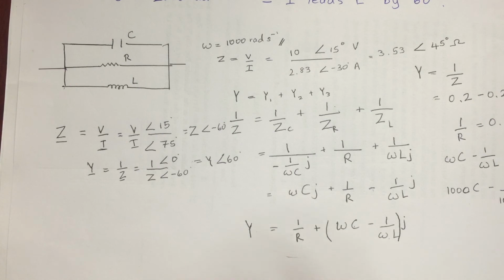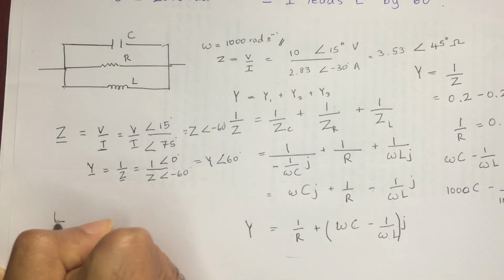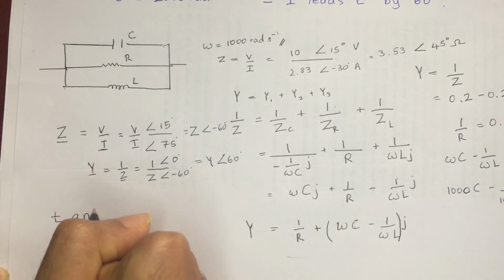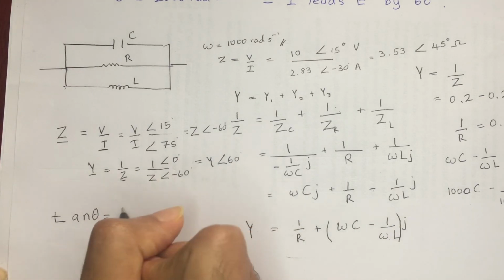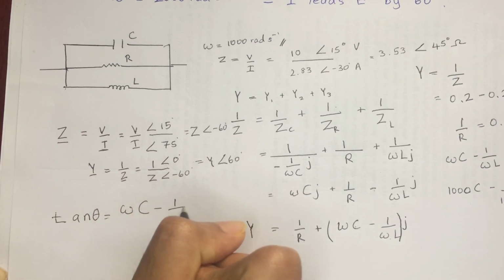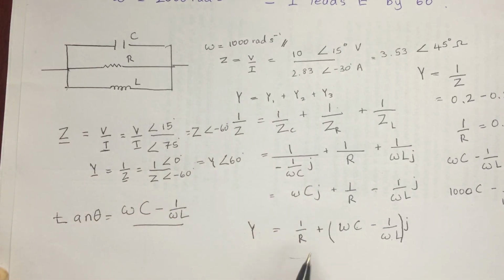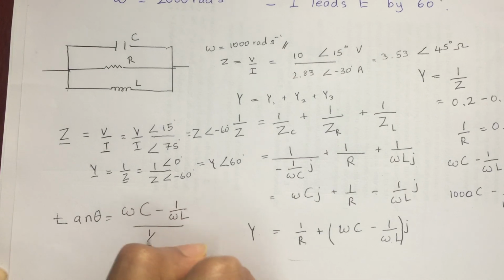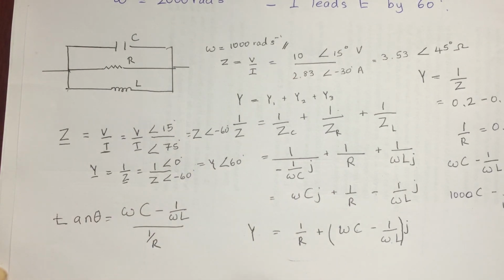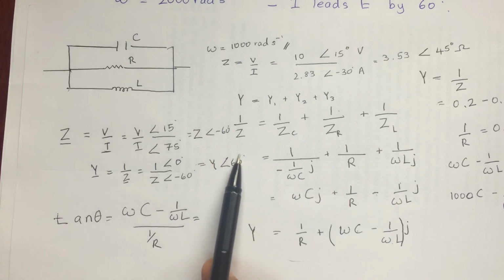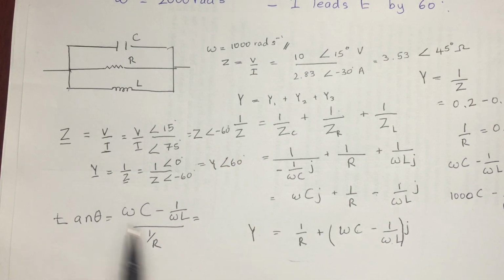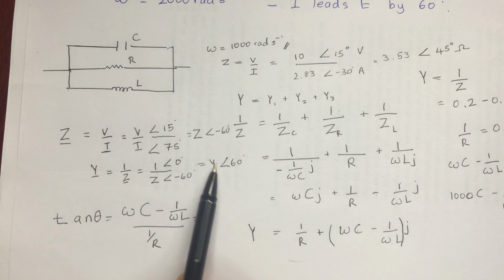To find the phase angle, we can write it like this: tan theta is equal to the imaginary part's coefficient, which is omega C minus 1 over omega L, divided by 1 over R. We know the angle: theta would be 60.